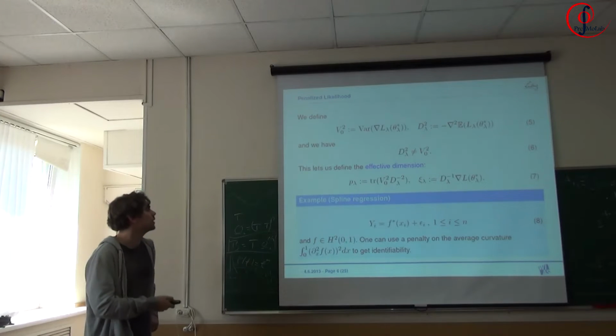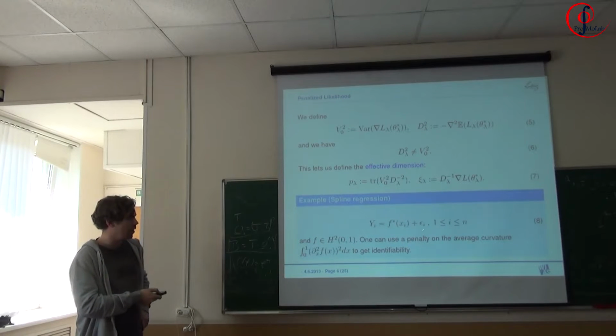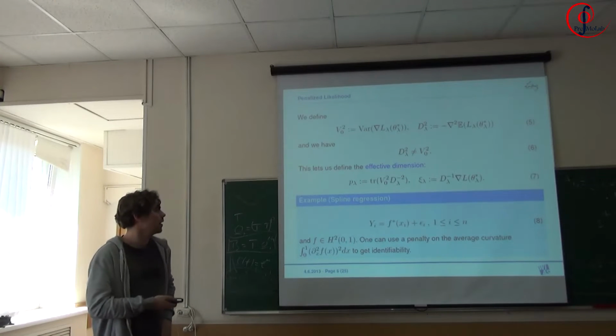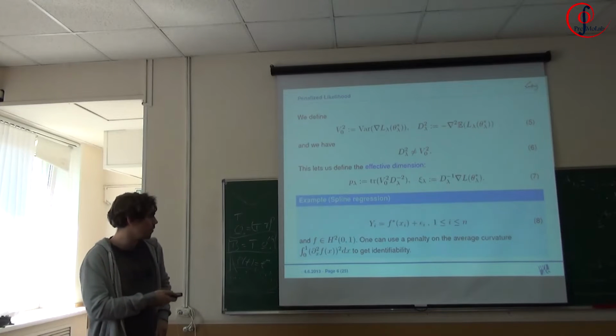So one example is a spline regression. Observe a function which we don't know at some design points, add some noise, and this problem is not identifiable in this setup, even if we assume some smoothness assumptions.